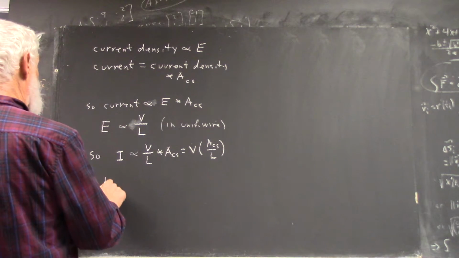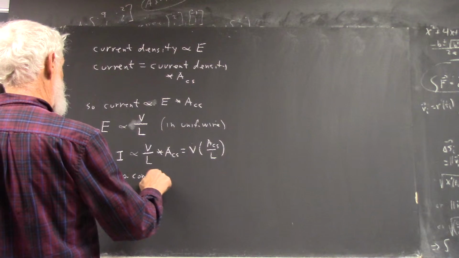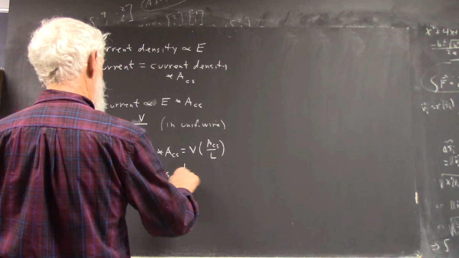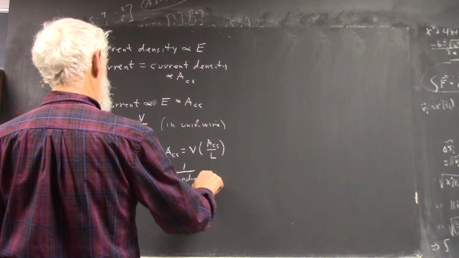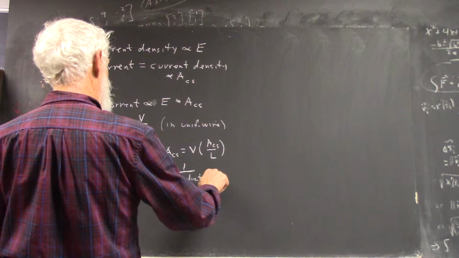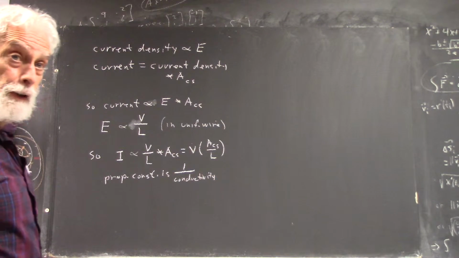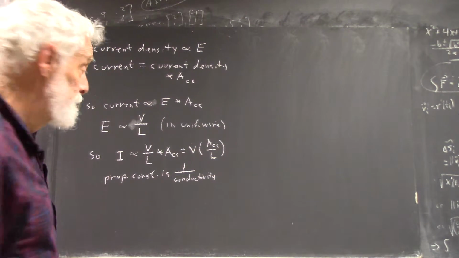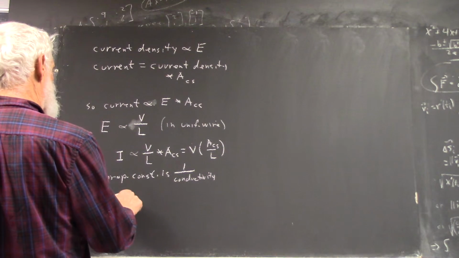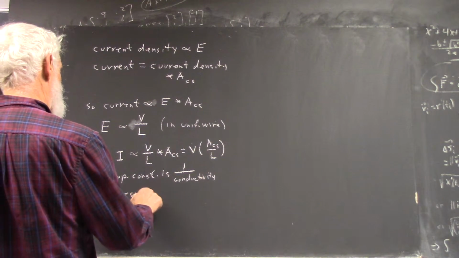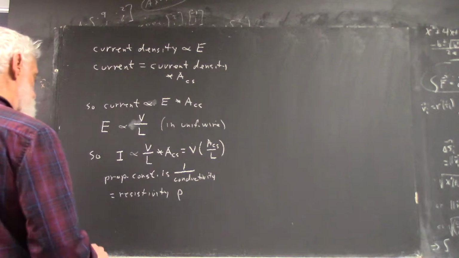The proportionality constant is incidentally reciprocal of conductivity, which is resistivity rho.